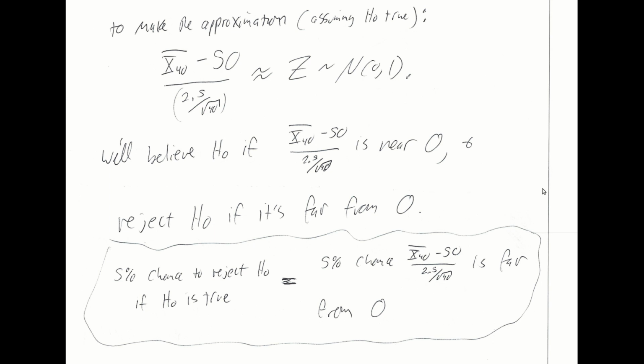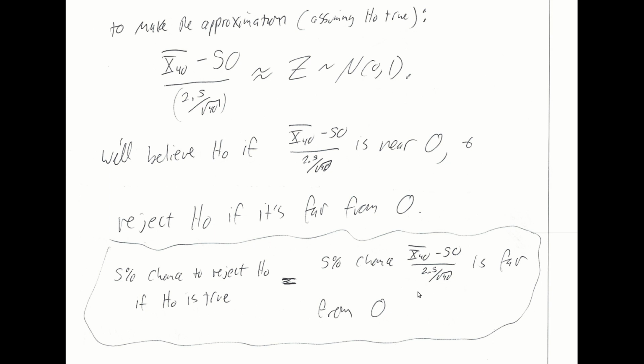So again, the idea here is that our 5% significance level is the chance to reject H0 if H0 is true. And so when we say that we will accept a 5% chance to reject the null hypothesis when the null hypothesis is true, that translates to us accepting a 5% chance for this to be far away from 0.